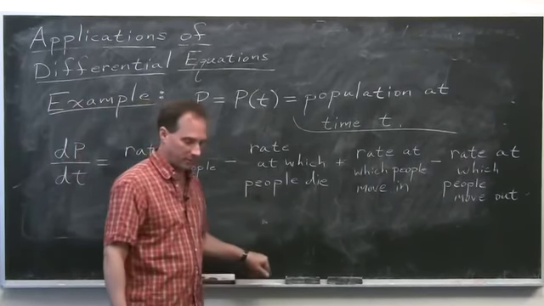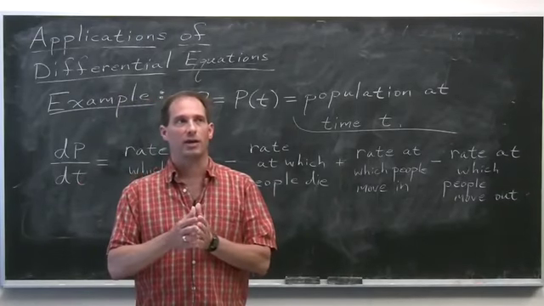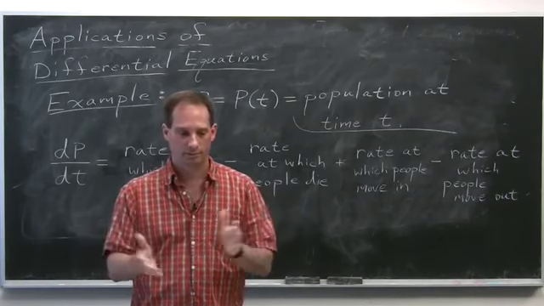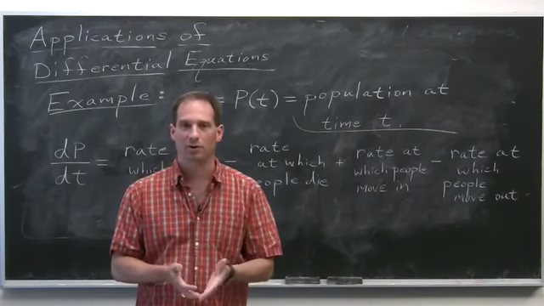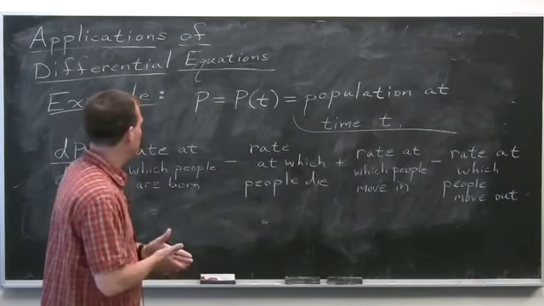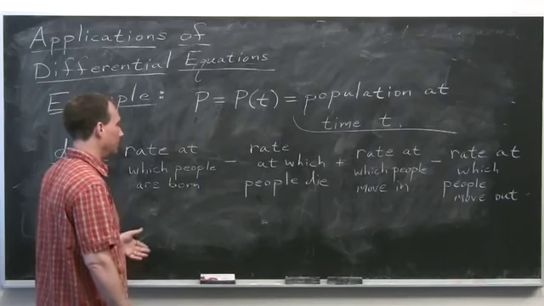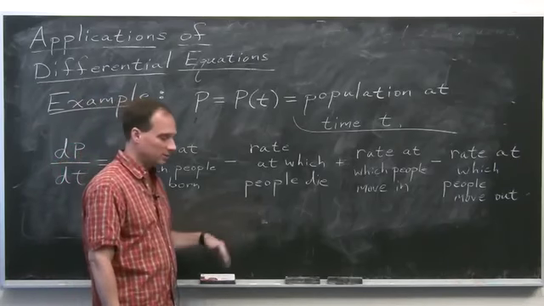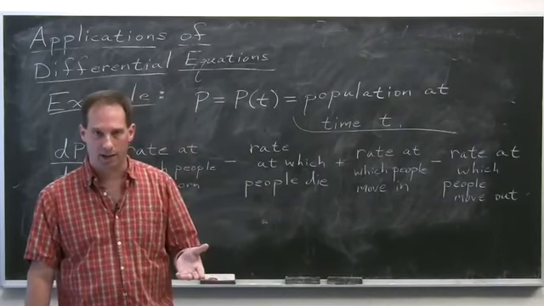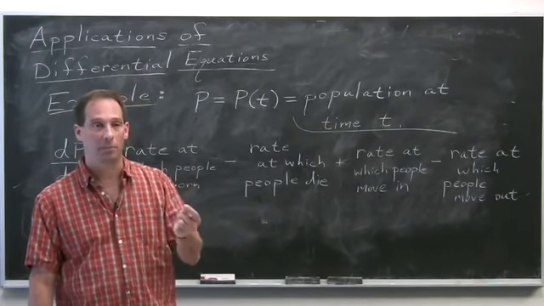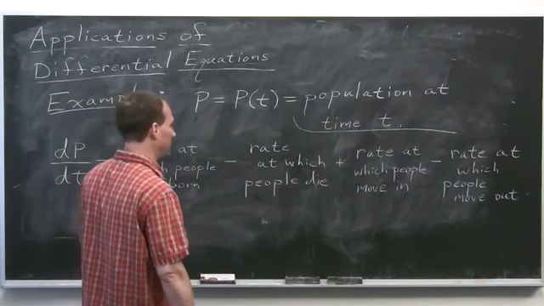They're usually specified by saying the birth rate is 3% per year. Well, they don't mean 3/100ths of a person per year are born. They mean 3% of the current value of P. And the death rate is the same thing. If they say like 1% of the population dies each year, that's 1% of the population. So it's given to you as a fraction of P.